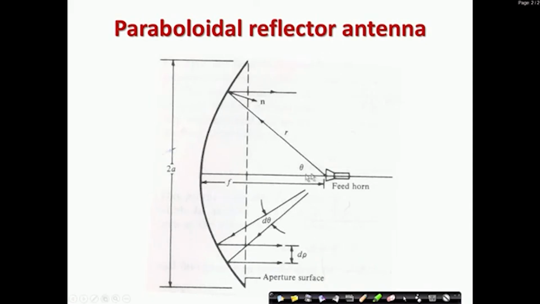That means a lot of power will be lost, because the reflector will not be able to intercept that power. That is called spillover loss. We will come to spillover loss later. So, it is not very desirable. This is optimum, but not desirable, and practically we cannot do that, because it will give rise to high spillover loss.